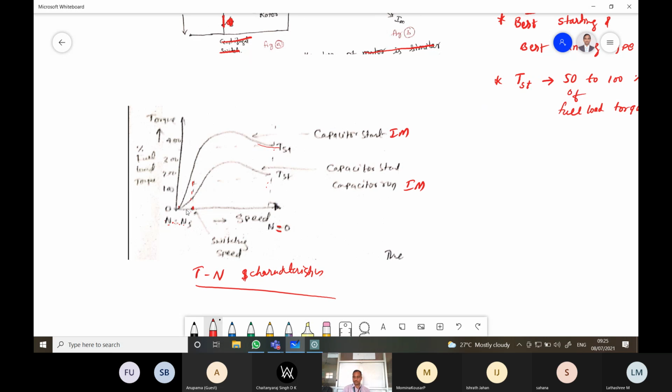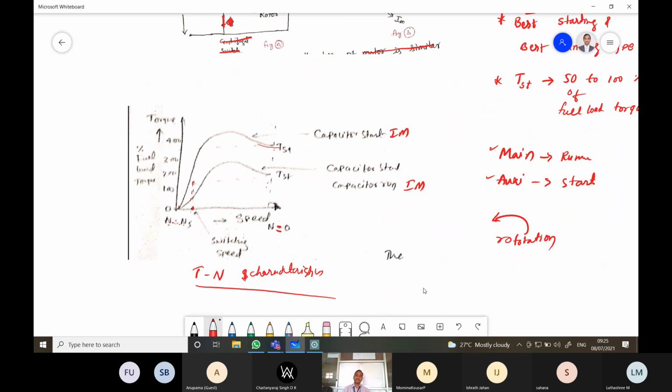The direction of rotation in both types can be changed by interchanging the connection of main and auxiliary winding. So there are two windings here. One is the main winding, called the running winding, and the auxiliary winding, called the starting winding. If we interchange the connection of the main winding and auxiliary winding, we can reverse the rotation.